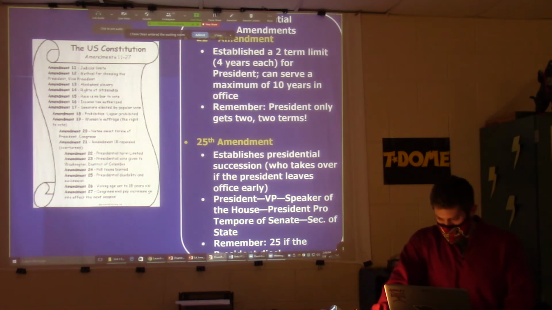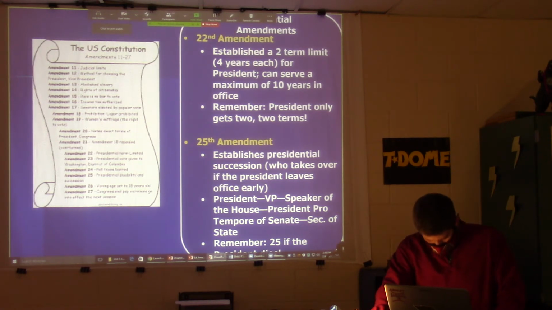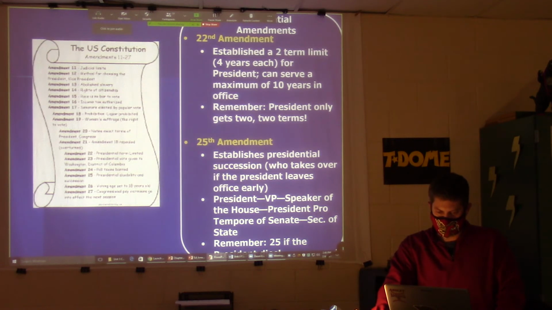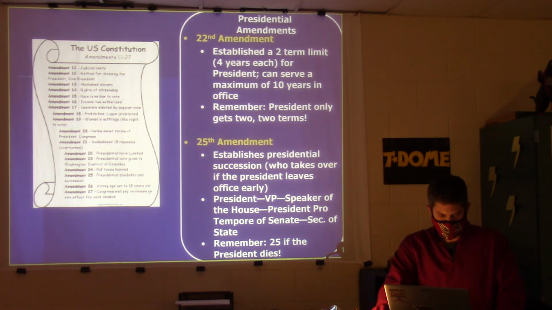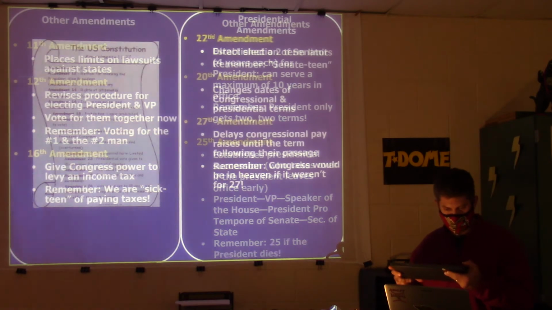So one of those 19 people would actually be hidden away during the State of the Union address, just in case something happened to everybody. All right, remember 25 if the president dies. Ooh, that rhymes, maybe. And there's 19. I only know 25 from the TV show, the 25th Amendment.